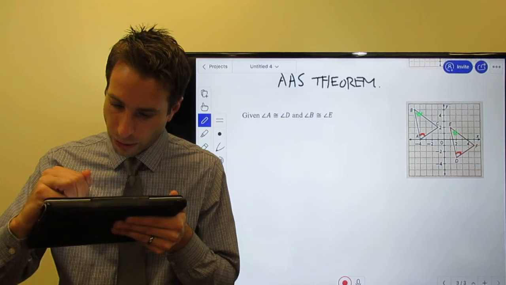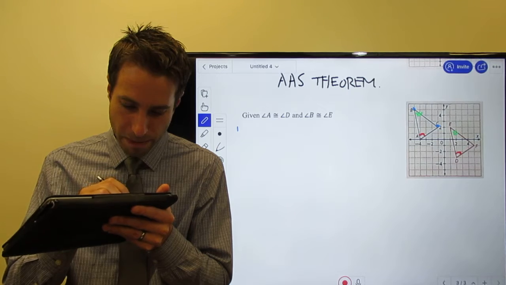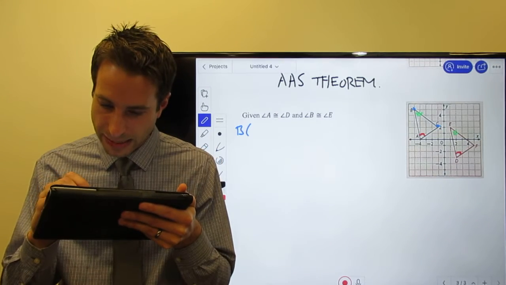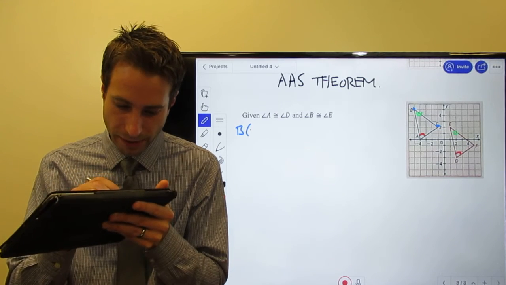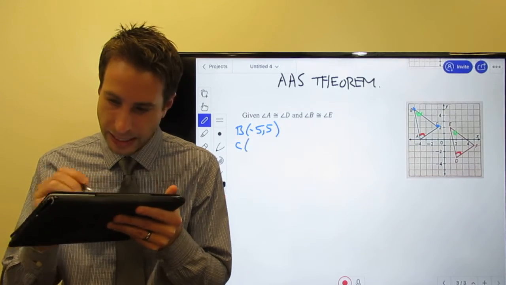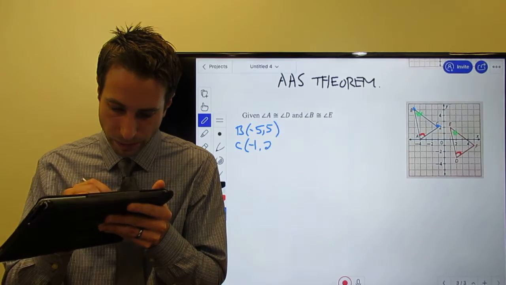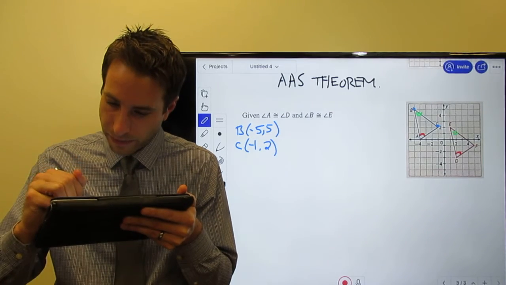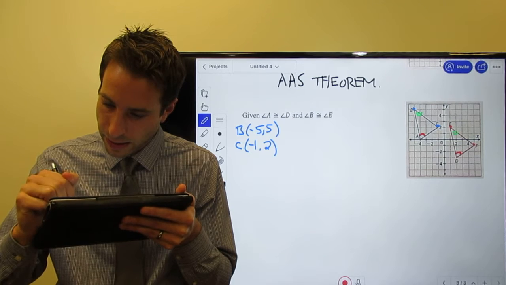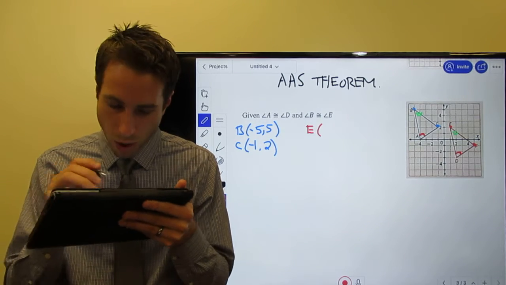I'll do this one in blue right here. There's B, there's C. I know that B is at -5, 5. C is at -1, 2. Down here, there's E, there's F. E is at 1, 2.